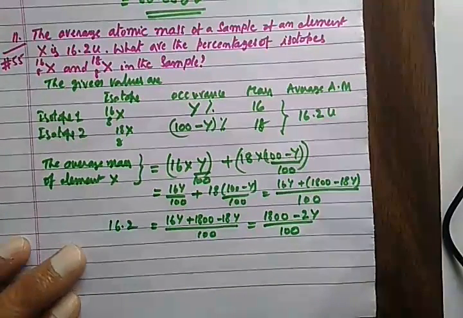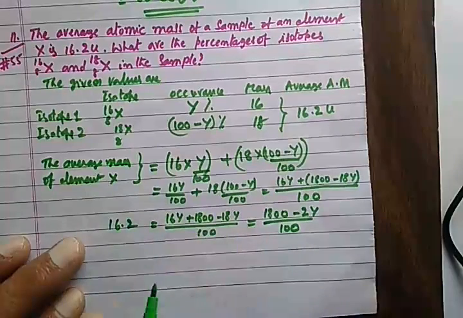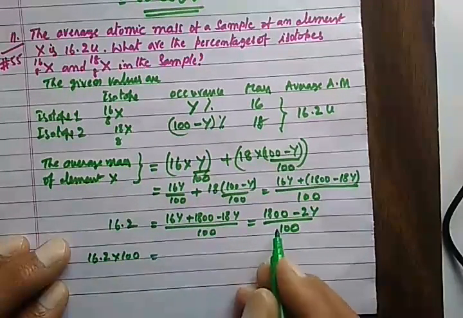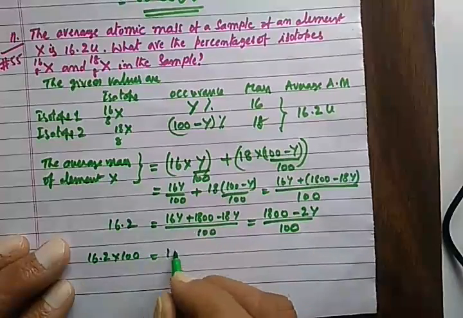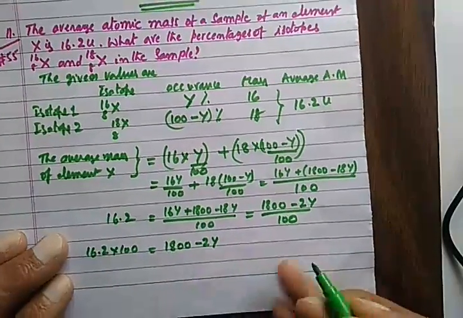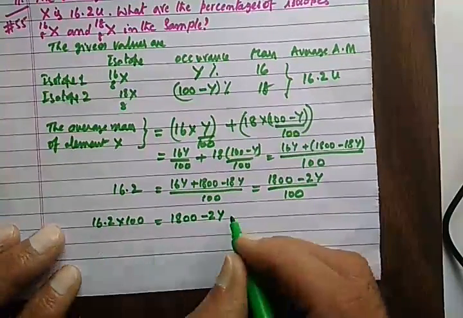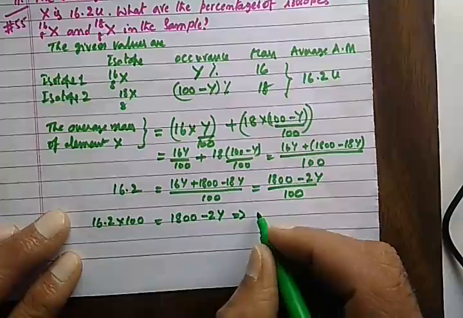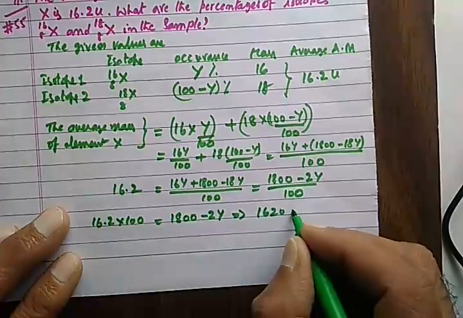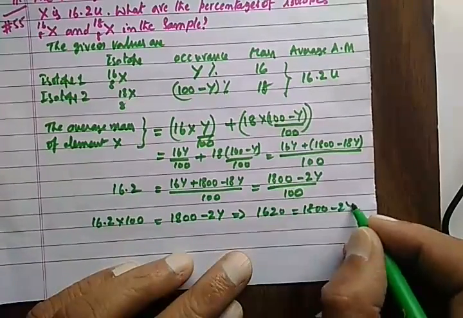16.2 equal to this value. So now I will cross multiply this. Then 16.2 into 100, this into this, equal to 1800 minus 2y into 1. So it will become 1800 minus 2y. So 1620 is equal to 1800 minus 2y.